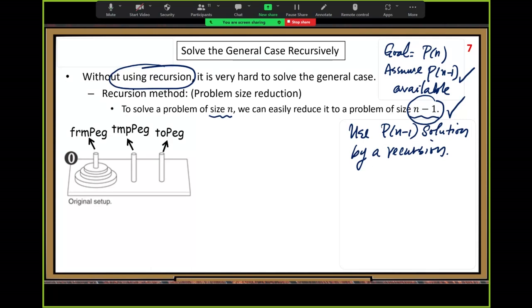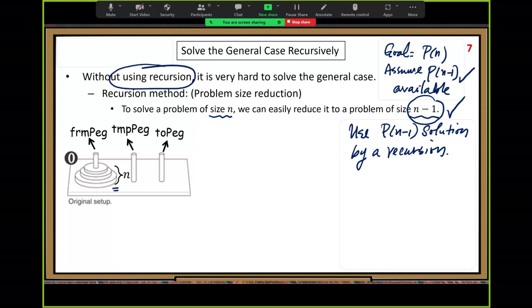All right. Here, let me modify the previous diagram to make it a version of the n-disk problem. Because it's hard to draw n disks, let's imagine this stack of 3 disks as n disks. Just imagine it. This time there are n disks on peg 1.